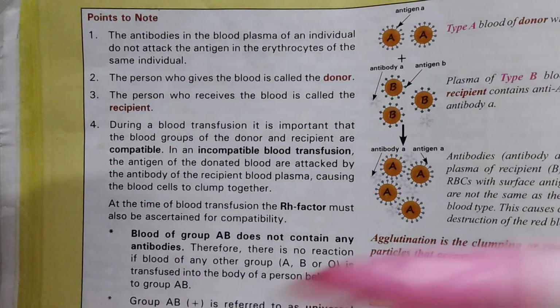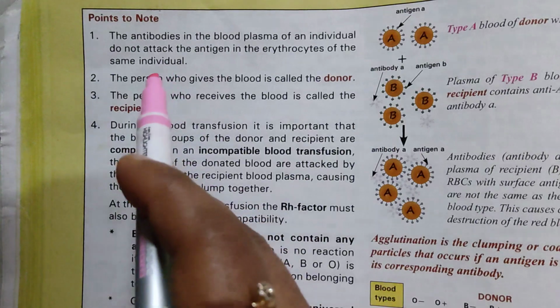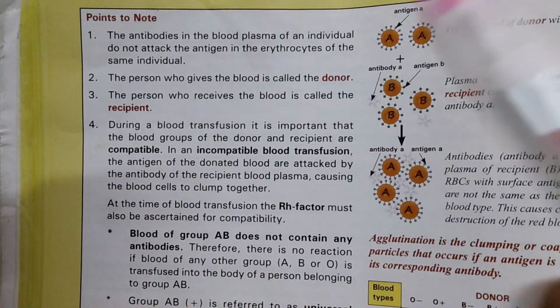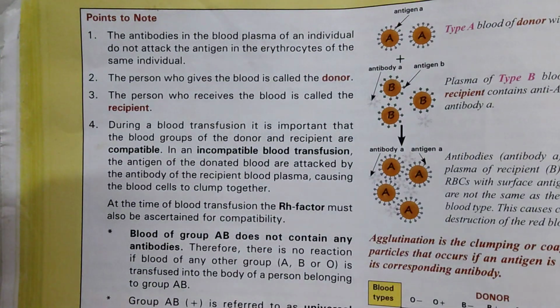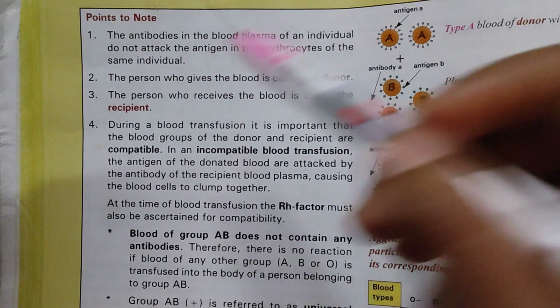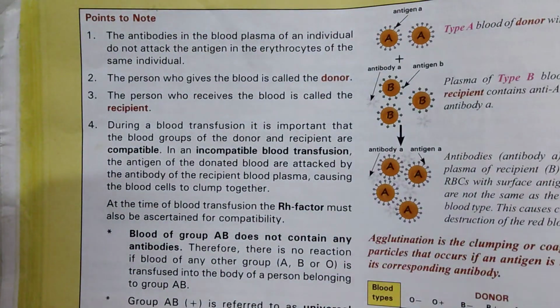Now see, this is a very simple thing. As we know, if there is presence of antigen A, there will be presence of antibody B, not antibody A. So it is a genuine thing that the antibodies present in your blood plasma will not attack your own antigen.